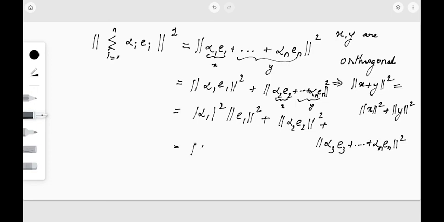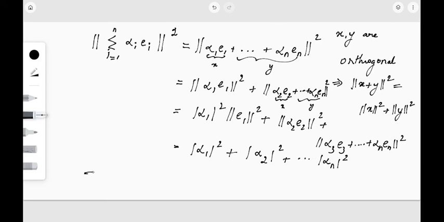So this will be |alpha_1|², and from the second term, again by the norm property, |alpha_2|² will come out common and we get the norm of e_2 squared, which is again 1. Proceeding again and again, we get up to |alpha_n|².